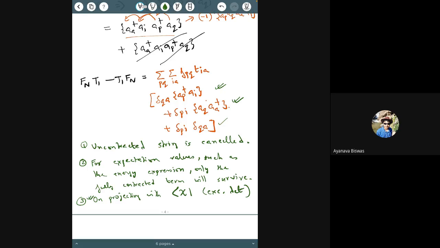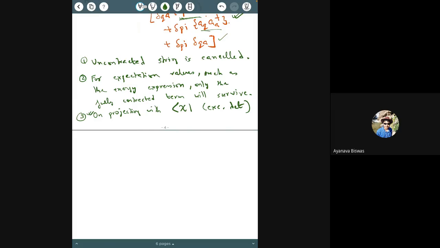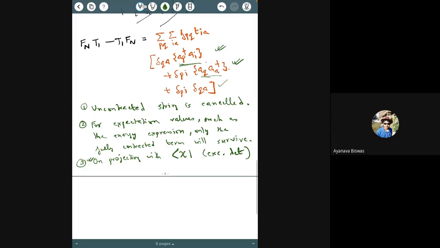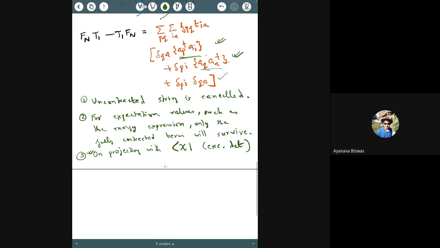You will take a product of this normal ordered string with this string, and again from these strings you will have to construct only the fully contracted term. This sounds a bit vague to you now, I'm sure, but hopefully I'll be able to show you one. So let's do one of them then.